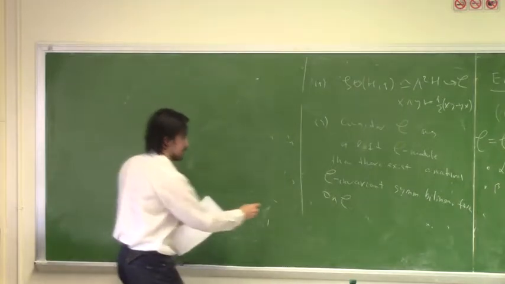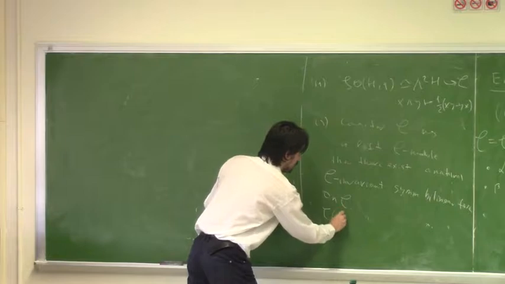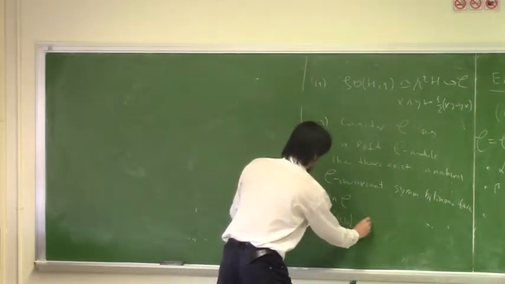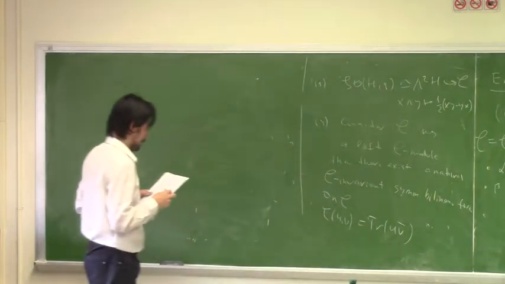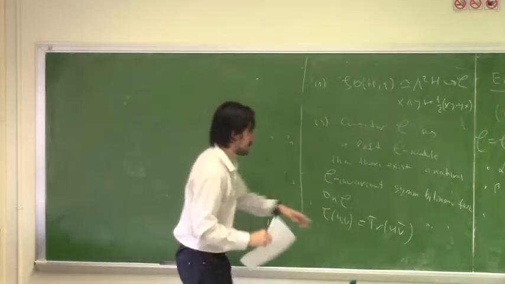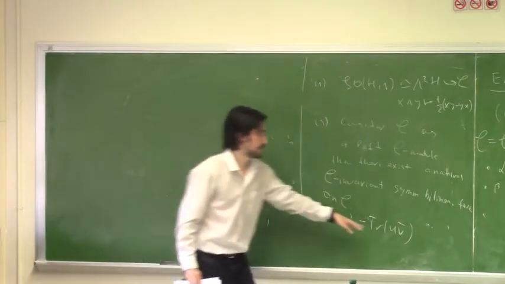And this form is defined as follows. For two elements u and v, tau is just the trace of u v bar. So we consider this u v bar as an endomorphism of Clifford, and we take the trace of this element.